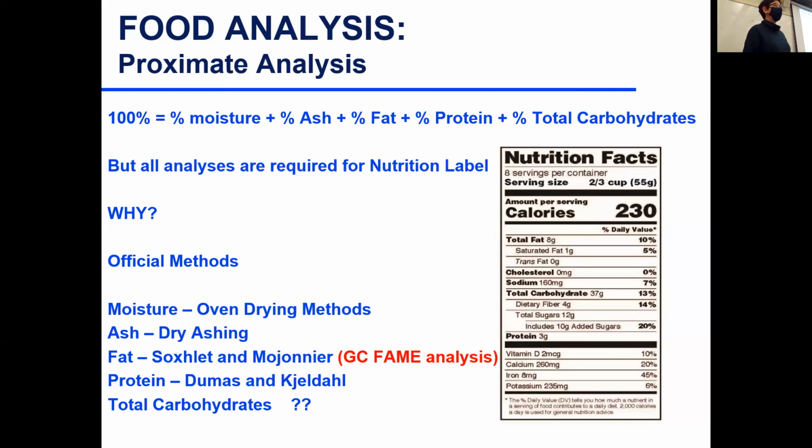You can get total carbohydrate in a beverage that only has sugars in it. Yes, you can do a total carbohydrate assay, which we will learn later on. But when you have a food product with so many different carbohydrate components, we cannot just use one method. So, because we want to have 100%, you measure moisture, ash, protein, and fat, and for the label, you subtract all of that from 100.